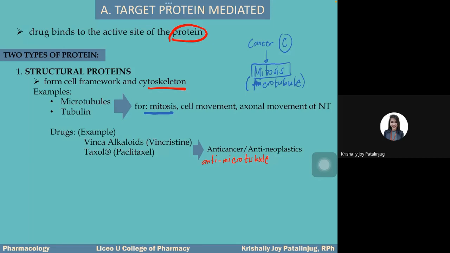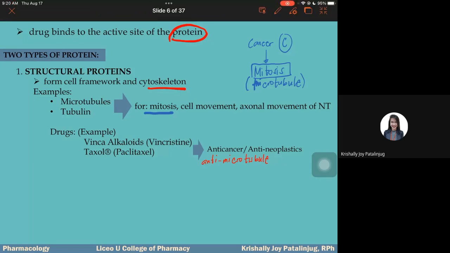So we have those drugs that would target microtubule, and they are classified as having anti-cancer activity. So that's the action of vinca alkaloids, vincristine, vinblastine, and paclitaxel.